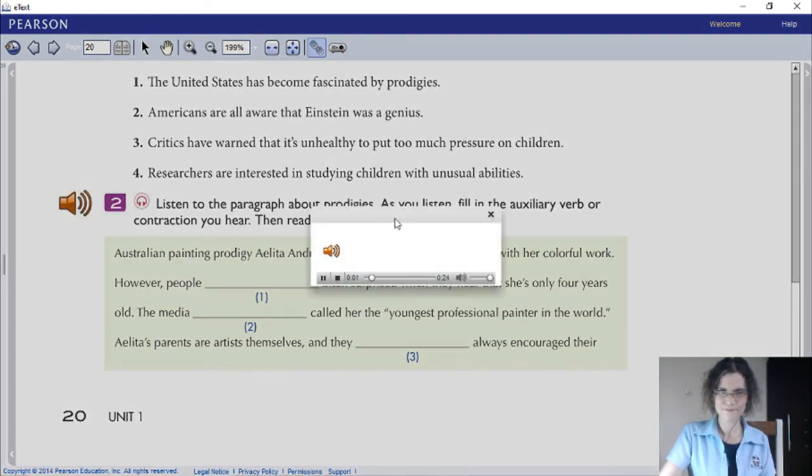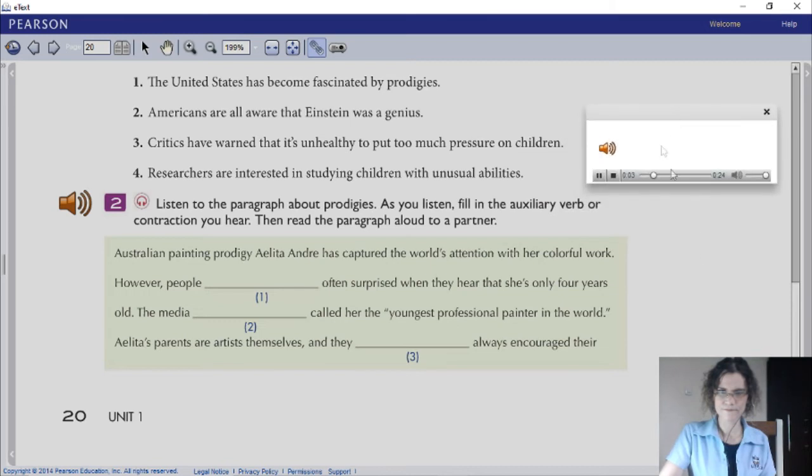Australian painting prodigy Alida Andre has captured the world's attention with her colorful work. However, people are often surprised when they hear that she is only 4 years old. The media have called her the youngest professional painter in the world. Alida's parents are artists themselves, and they've always encouraged their daughter to paint.